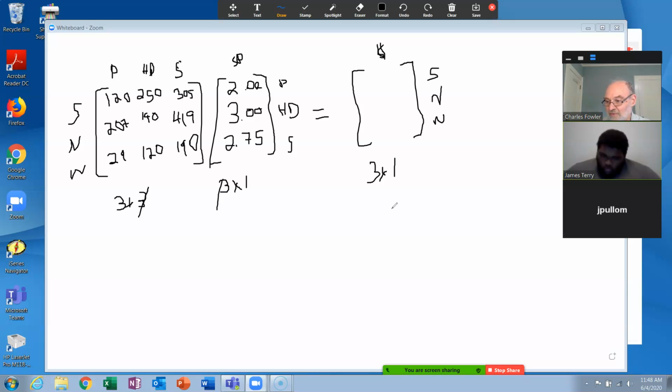Okay. So what do we do? Let's do what I said we were going to do. That's 120 bags of peanuts times $2 each plus 250 hot dogs times $3 each plus 305 sodas times $2.75 each equal, and the first number they put there, $1825.75, exactly like they had in the book.